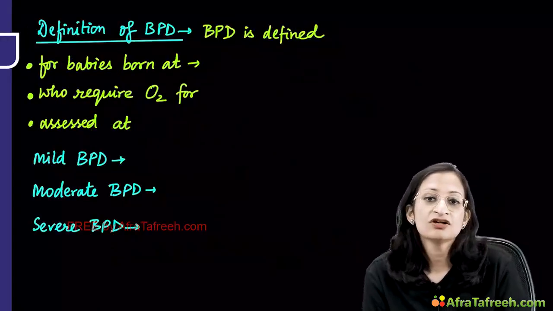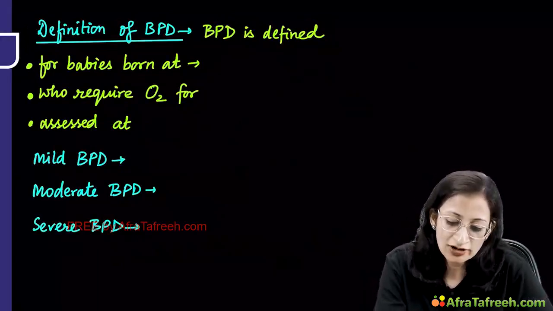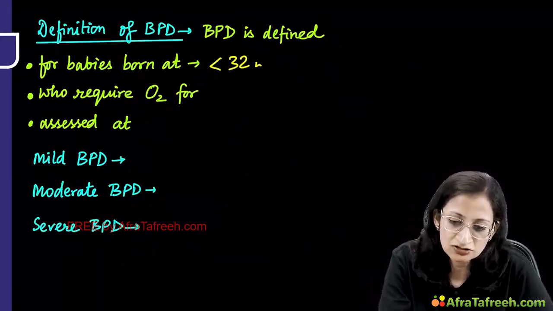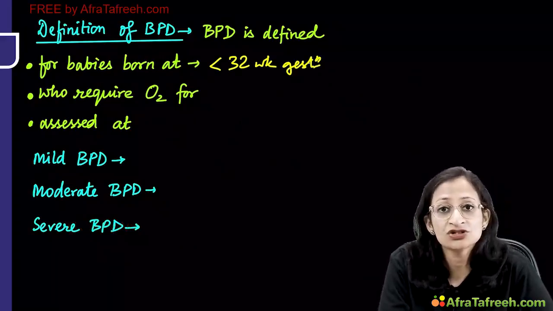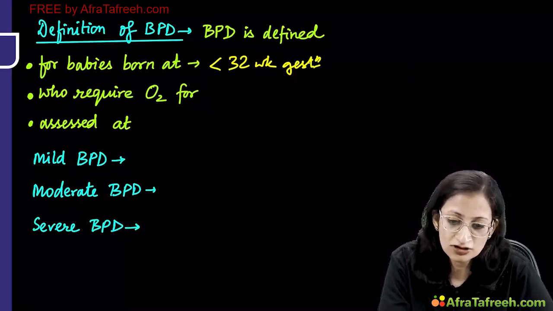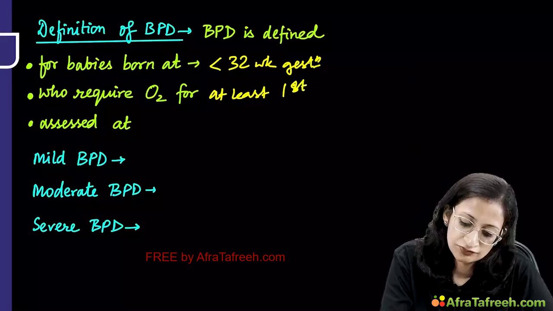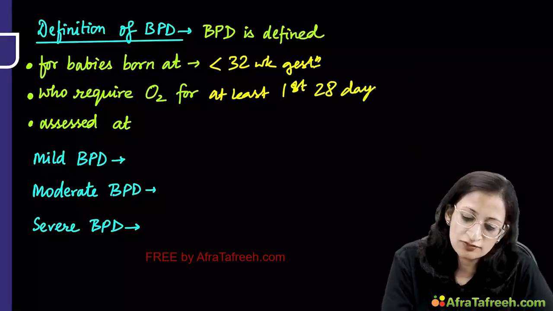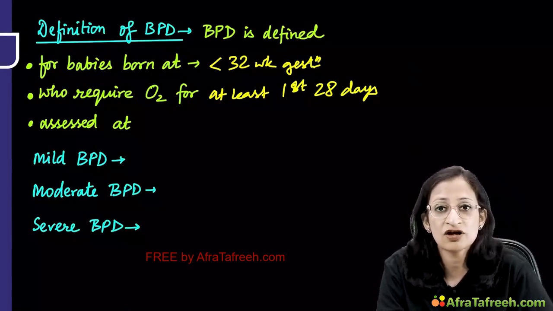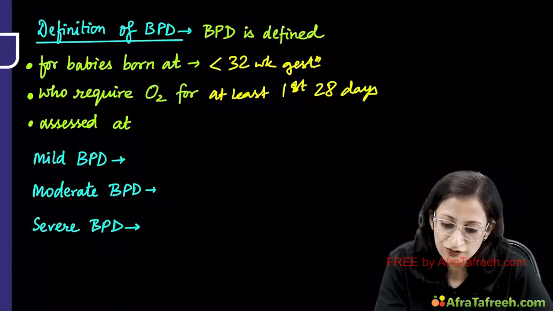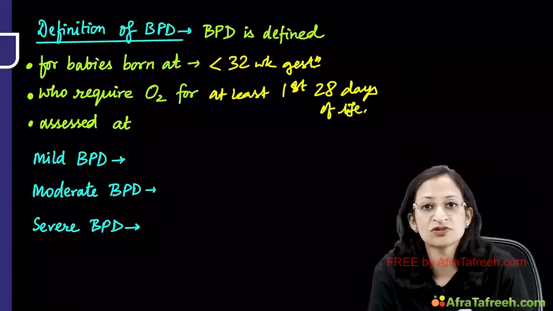Now, the definition of BPD. BPD is defined for babies born at less than 32 weeks gestation who require oxygen for at least the first 28 days of life, and they are assessed at 36 weeks of postmenstrual age.